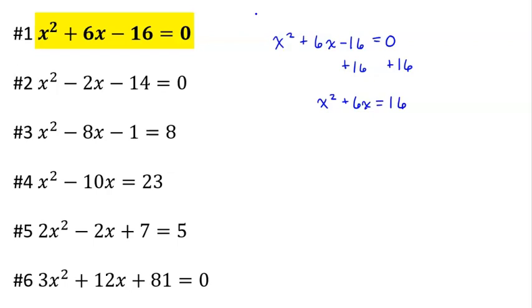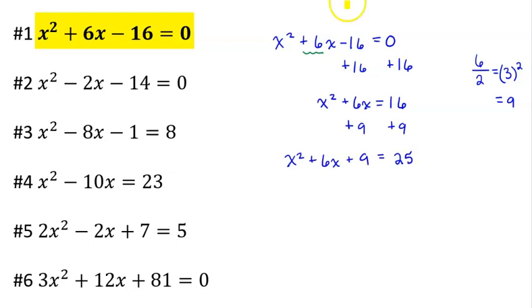From here, I want to take my B value, which is positive 6, divide it by 2, and I get 3. I'm going to square that number, and I get 9. I'm going to add that to both sides. X squared plus 6x plus 9 equals 16 plus 9, which is 25.